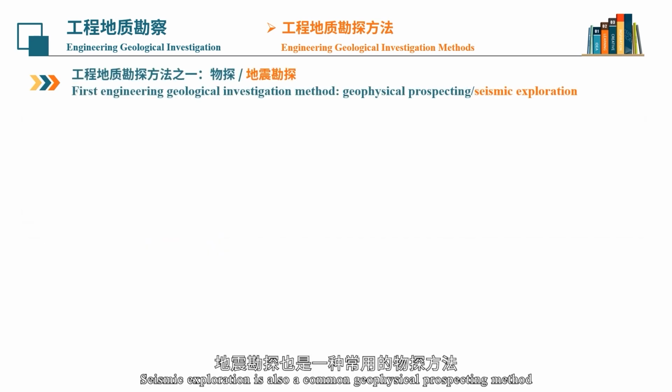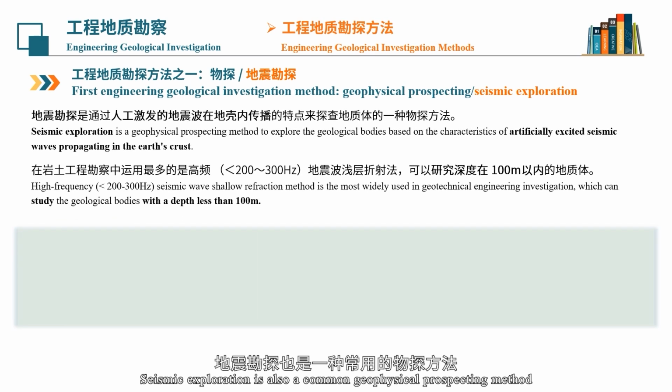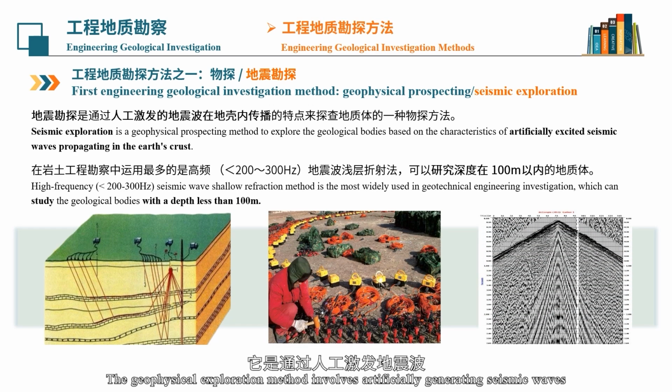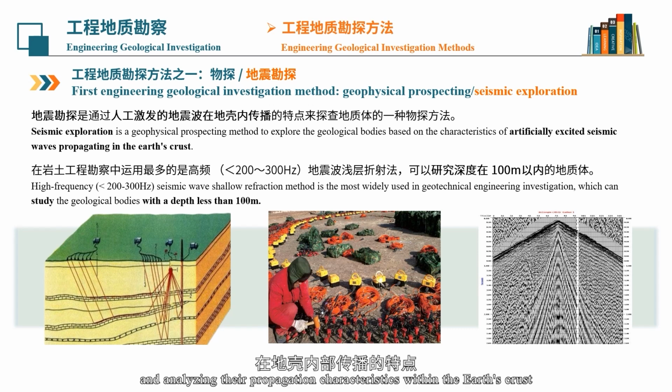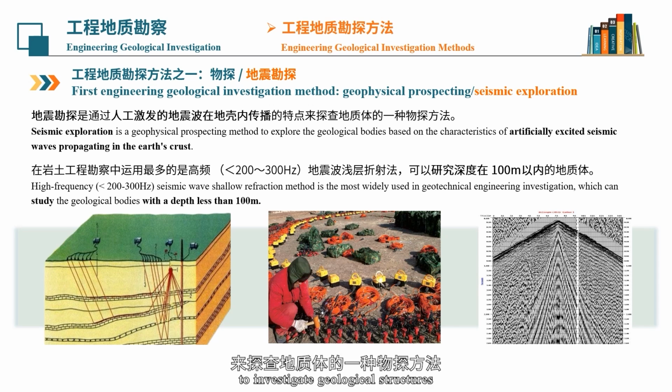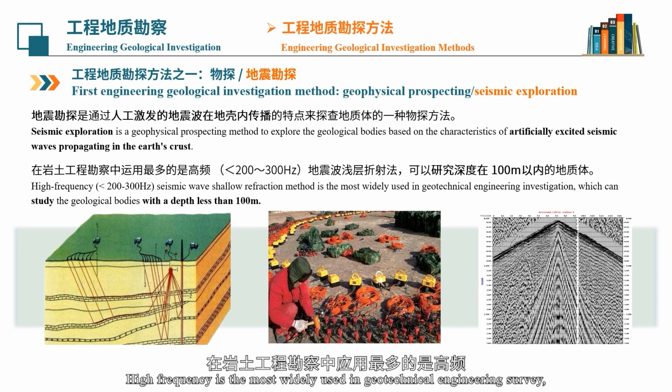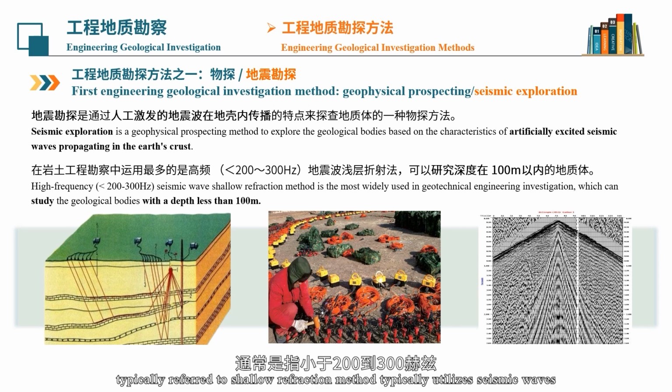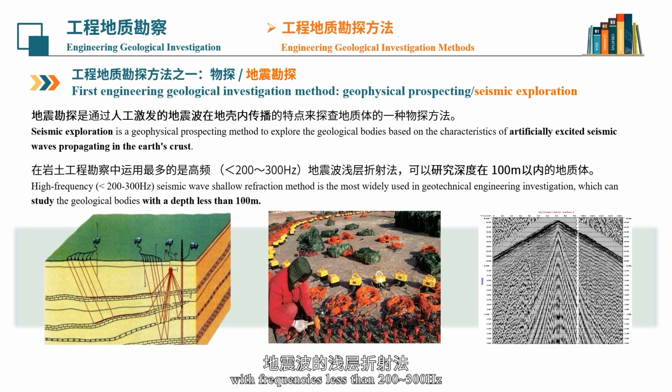Seismic exploration is also a common geophysical prospecting method. It involves artificially generating seismic waves and analyzing their propagation characteristics within the Earth's crust to investigate geological structures. High frequency is the most widely used in geotechnical engineering survey, typically referred to as the shallow refraction method, which utilizes seismic waves with frequencies less than 200-300 Hz.